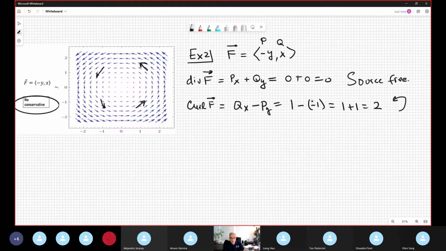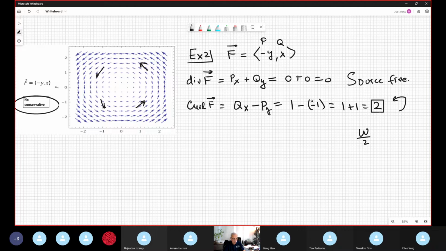And what does that number mean, guys? This number indicates the angular velocity divided by 2. Don't ask me why, because the proof is a little bit complicated, but it is not important. The important thing is rotate or not rotate. Now, obviously, if the curl is not zero, this is a non-conservative vector field.